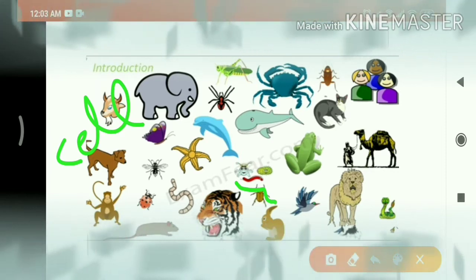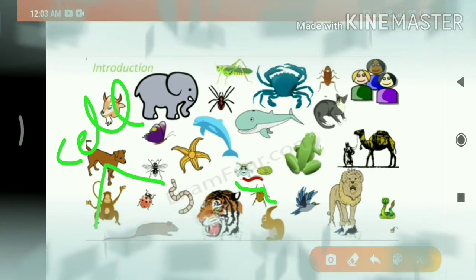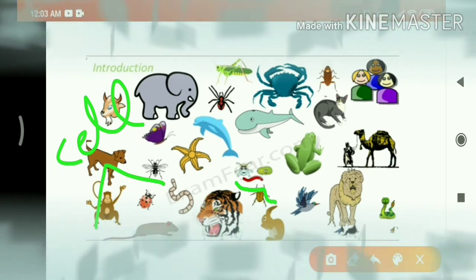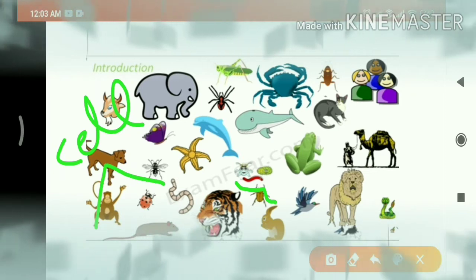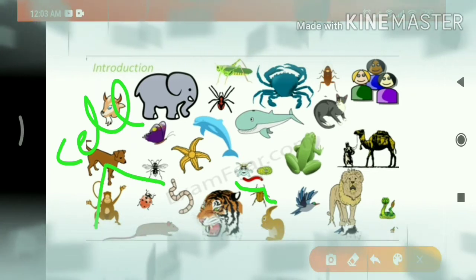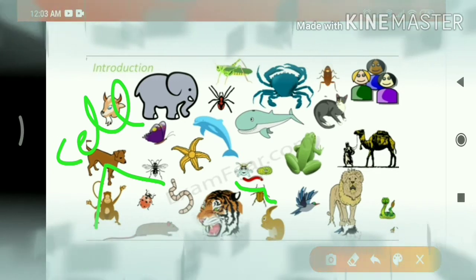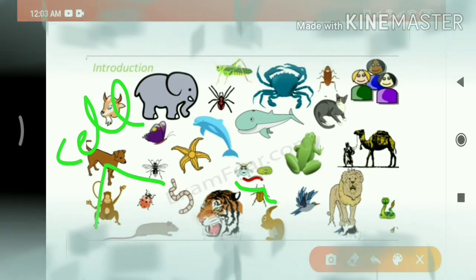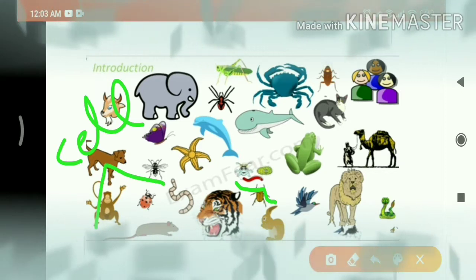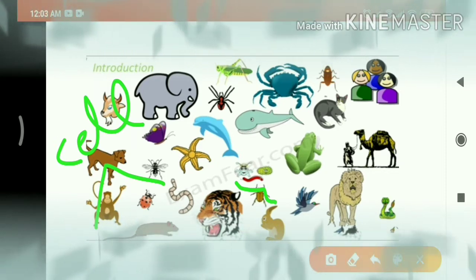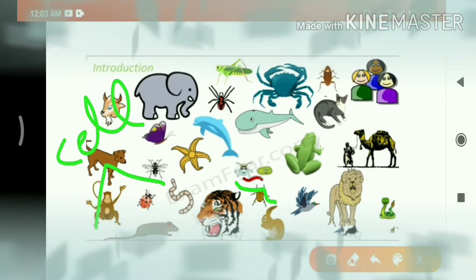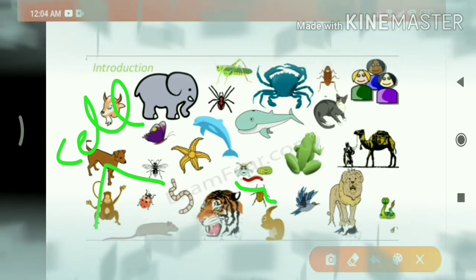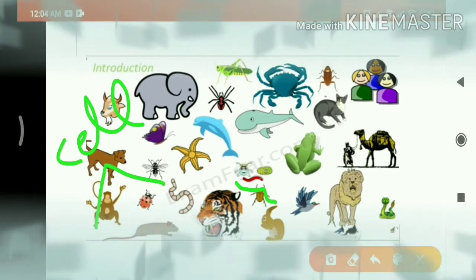When we talk about cells, there are two types: multicellular animals and unicellular animals. Prokaryotic cells and eukaryotic cells, these words are familiar from your previous classes, right? So these cells group together to form the animal tissues, right?